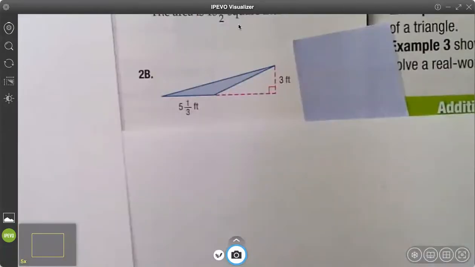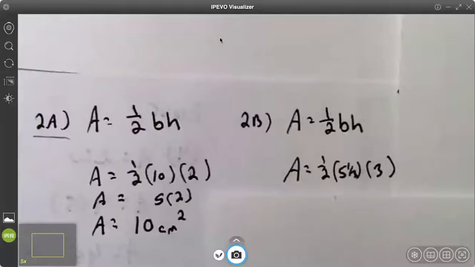Try 2B, find the area of that triangle, all the filled in blue spots. This one is a little more difficult than what we could do in our head. So here I have plugged 5 1/3 in for the base and 3 in for my height. If you have a scientific calculator that does fractions, you can put in 1/2 times 5 1/3 times 3 to get your answer.